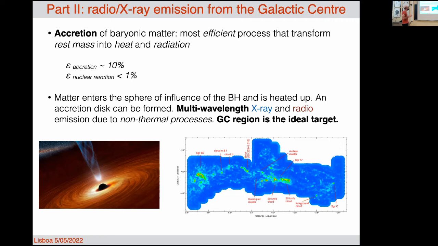So you can have multi-wavelength emission: radio waves and X-rays when matter is accreted onto a black hole. One potential channel consists in looking for the radiation emitted by matter accreted onto primordial black holes that might be part of dark matter, for example in our galactic halo.